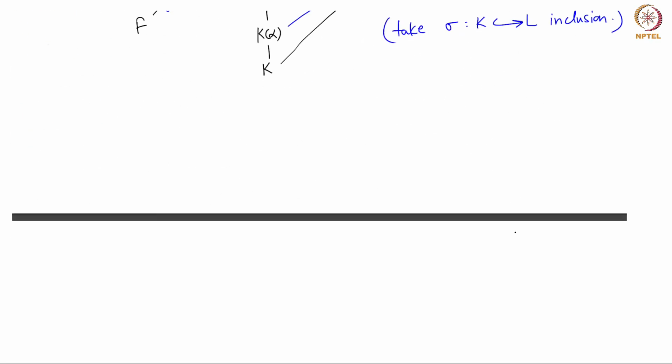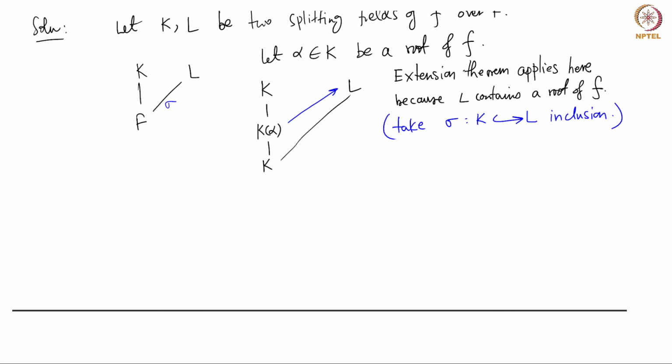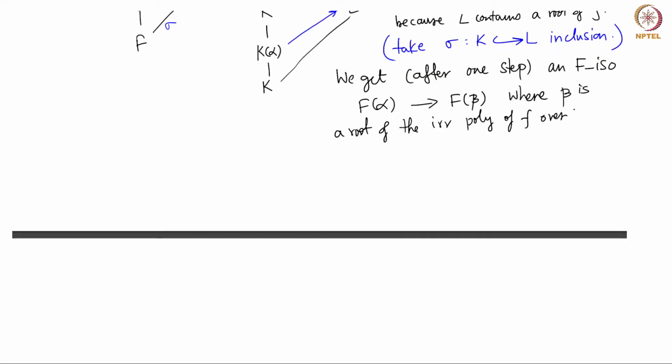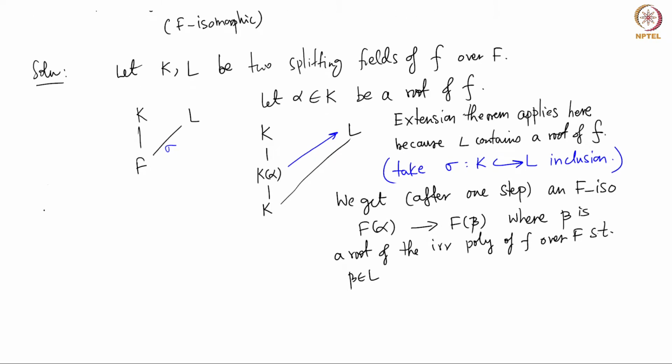So we get basically after one step an F-isomorphism, F(alpha) to F(beta), where beta is a root of the irreducible polynomial of alpha over capital F such that beta is in L. Okay, so remember f may not be irreducible, so f may factor into irreducible factors like this, and f1 may be the irreducible polynomial of alpha over F, let's say.